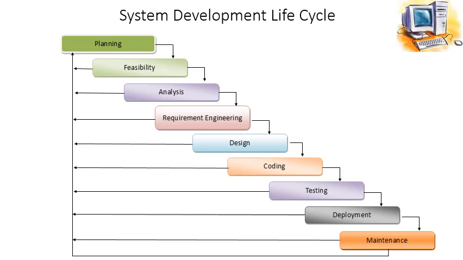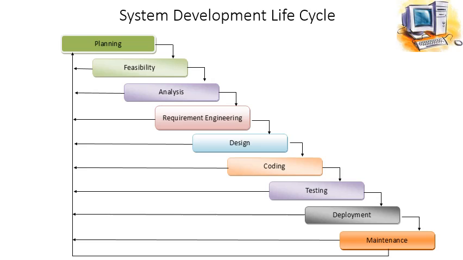For example, if we have made a plan, and then after the feasibility we have found that the plan we are making is not feasible, it's not possible for us, we can go back to the planning phase again and change our plan.